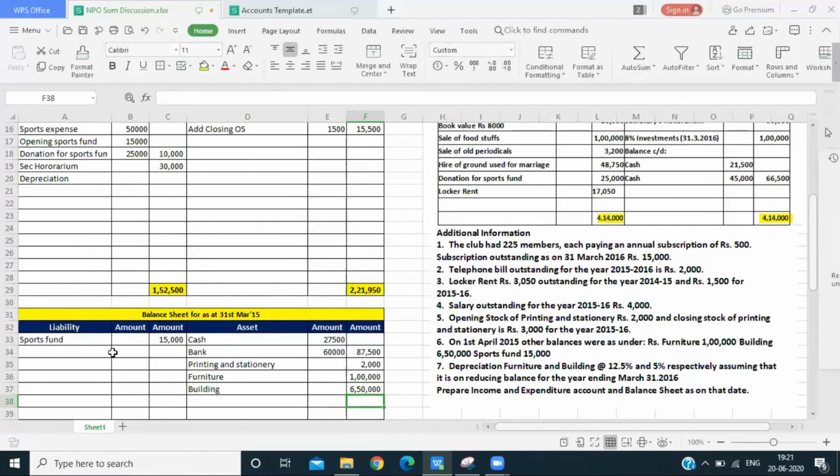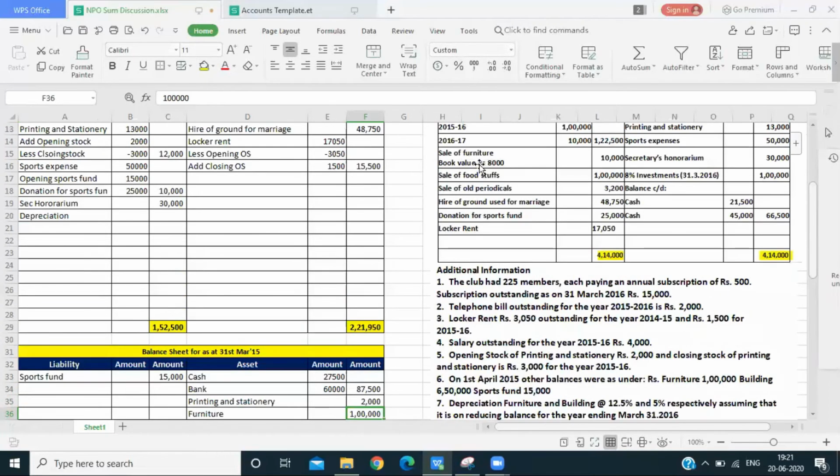Okay. While calculating the depreciation, we need to be very much careful because the opening value of the furniture is rupees 1 lakh and we have made a sale of furniture valuing rupees 8,000, and we need to find the value of closing furniture also.